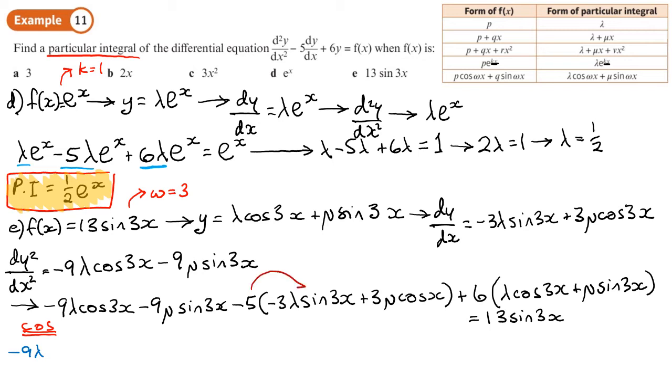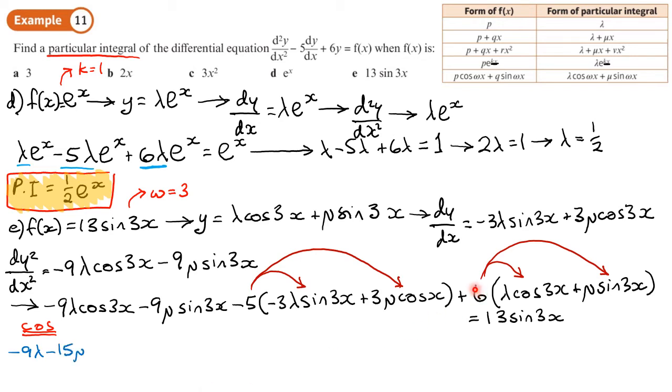So let's just put some things here just to show you that I'm expanding brackets as I go along. From the second bracket I'm going to get negative 5 times this, so I'm going to get negative 15 mu.